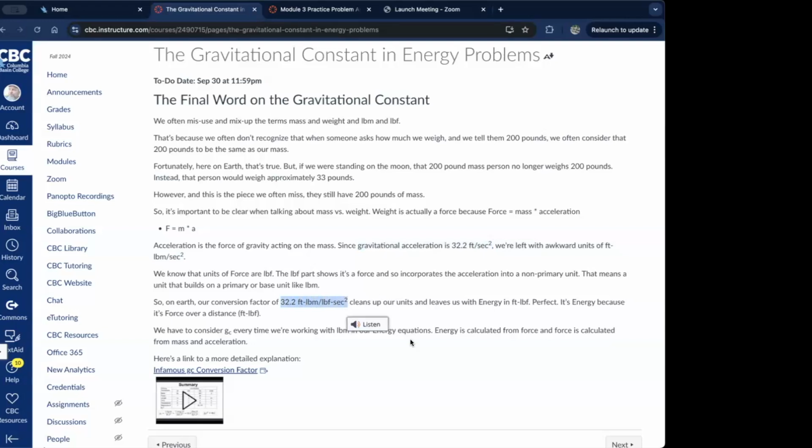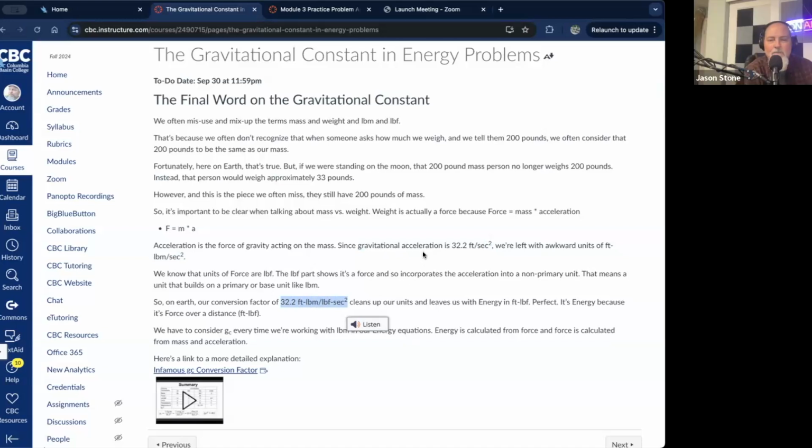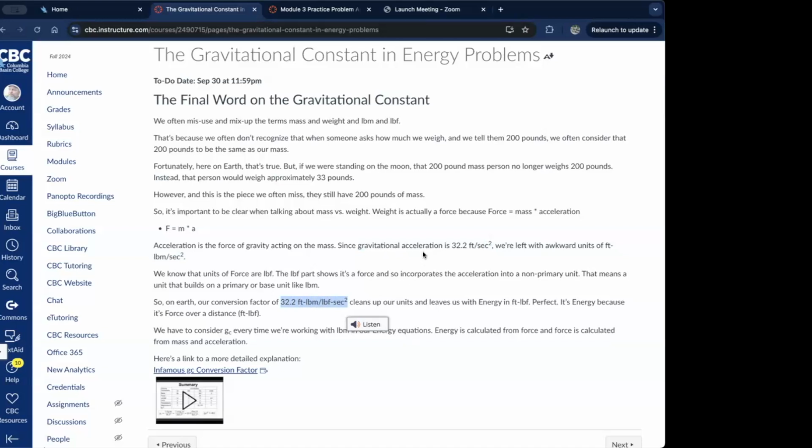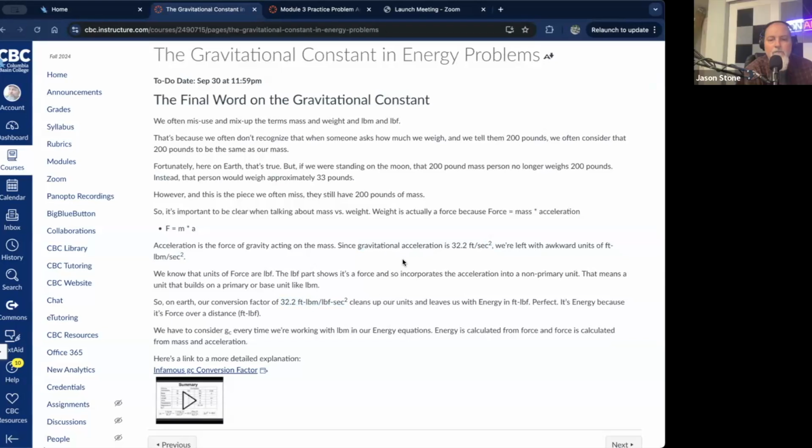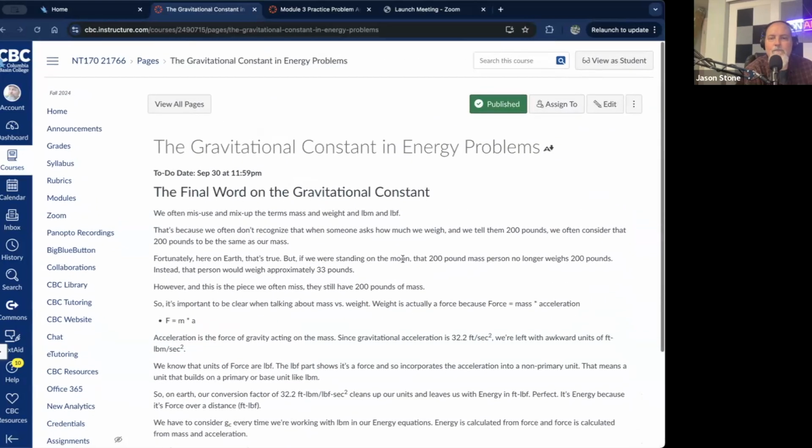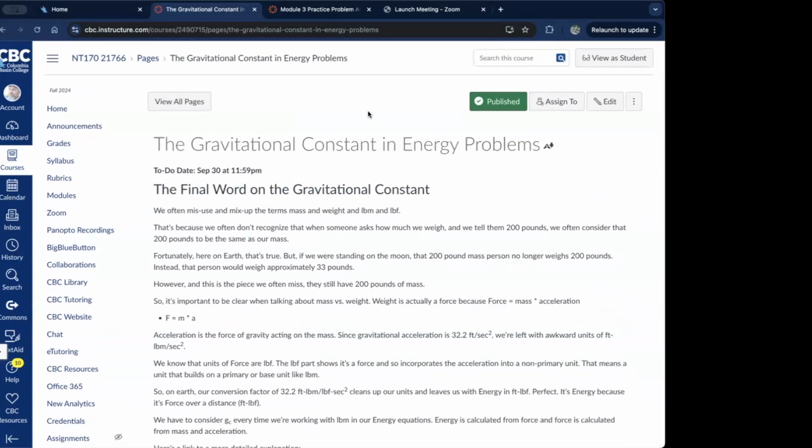Does that help at all? So that's a 240 pound guy, and we're just applying the gravitational constant. That's how much he weighs, his weight on Earth, right? Basically. Okay, that helps.